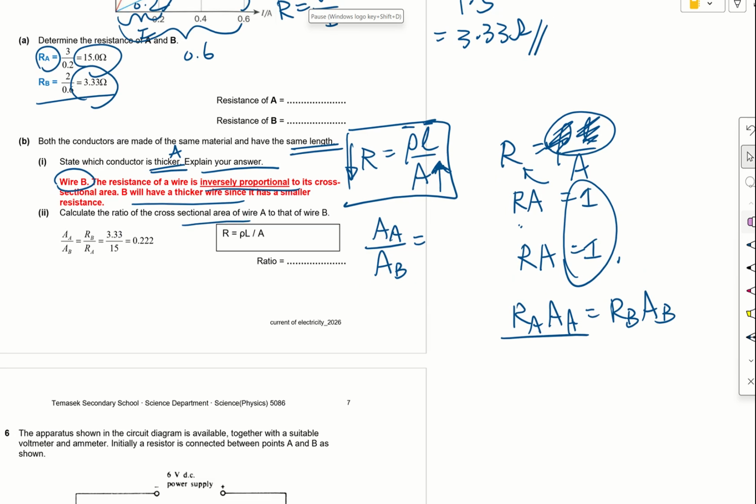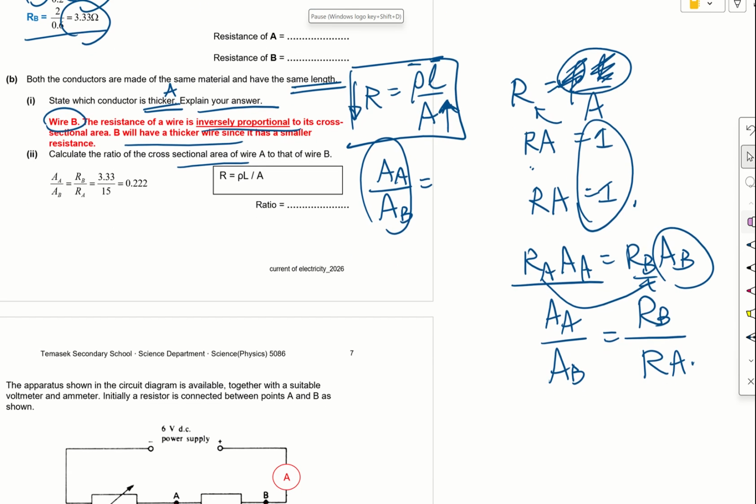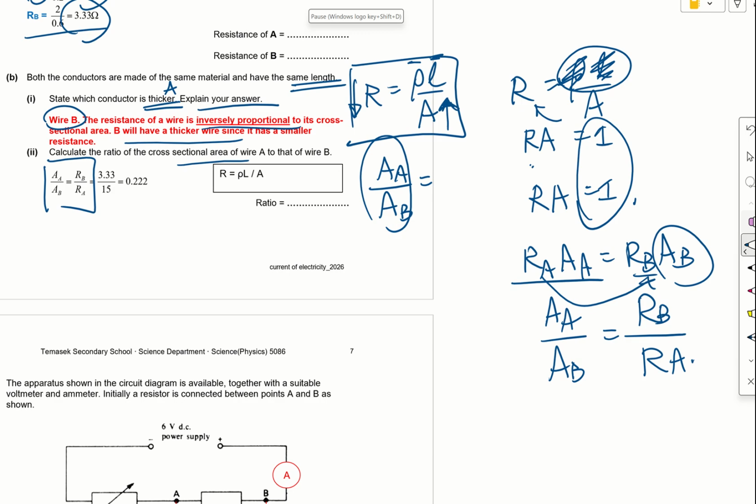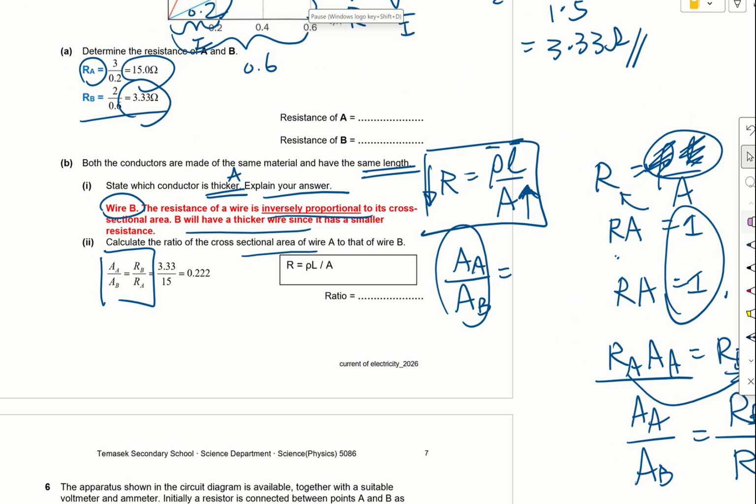Okay, so if I want AA over AB, I'll leave AA here. I bring AB over. It will then be equal to RB. I bring RA over. It becomes RA. So that's why I form this equation. AA over AB equals RB over RA. And because I have RB value of 3.33 over RA value of 15, I get 0.222.